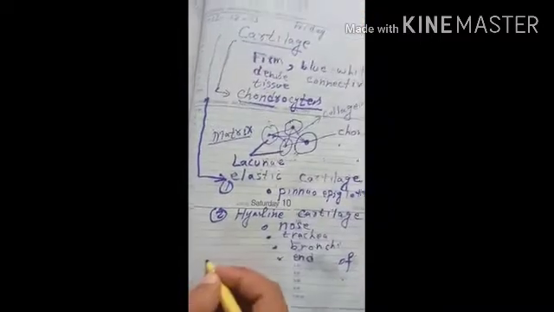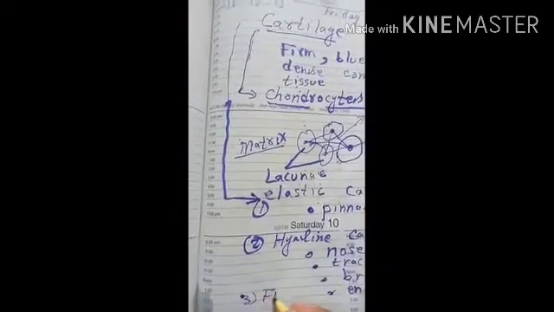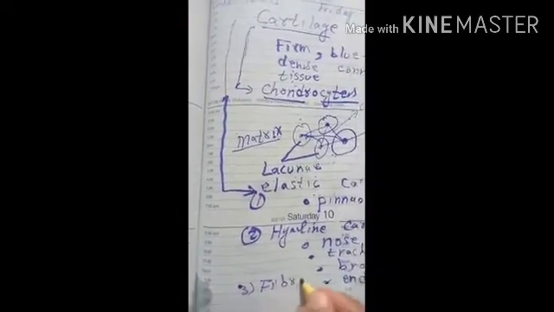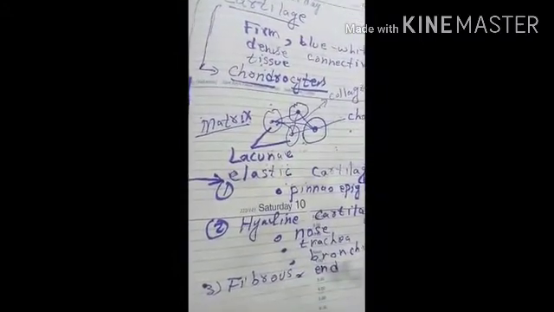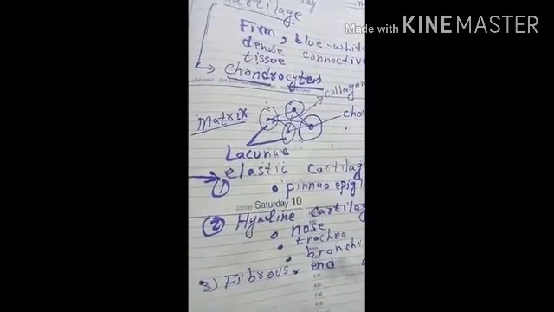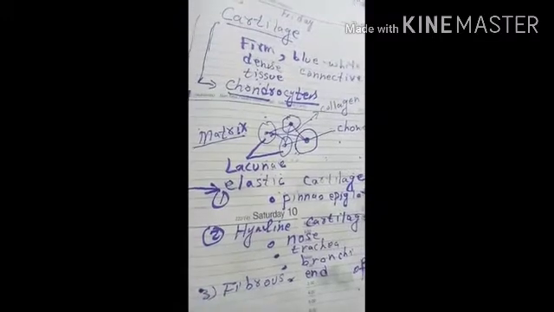The third type of cartilage described in your book is fibrous cartilage. Fibrous cartilage is strong and somewhat tough as compared to hyaline cartilage and elastic cartilage.